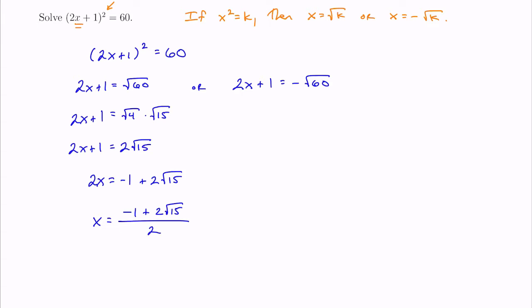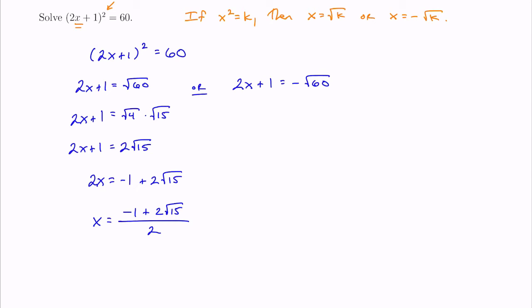Now in the other possibility, we had 2x + 1 equals negative root 60. I'm going to first recognize that simplifying root 60, whether it's a positive root 60 or a negative root 60, will simplify in the same way. The only difference is negative root 60 will simplify to negative 2 root 15.